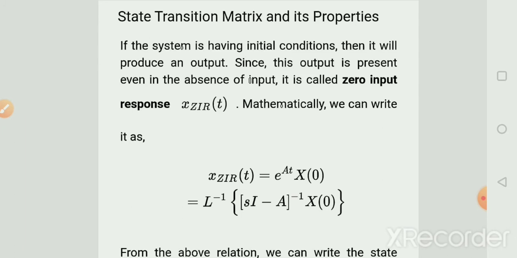If the system has an initial condition, then it will produce an output. Since this output is present even in the absence of input, it is called the zero input response.